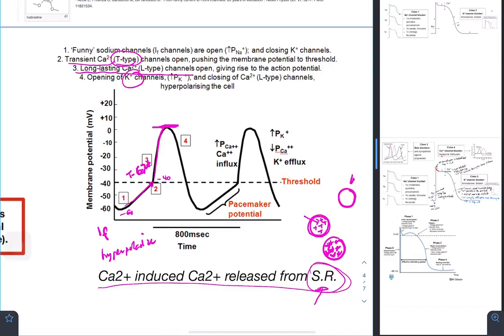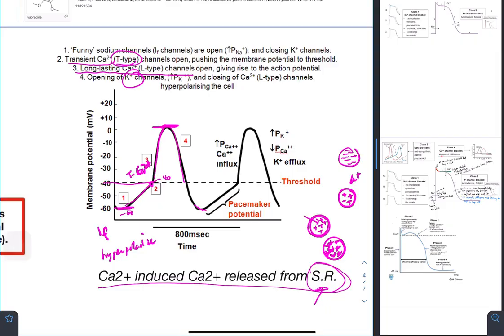As potassium leaks out, the inside of the cell becomes negative, or the membrane potential drops. As it drops, it closes the long-lasting calcium channel, or the L-type channels. And this process continues until it becomes very, very negative, even more negative than the resting membrane potential, and then it becomes hyperpolarized, super negative.